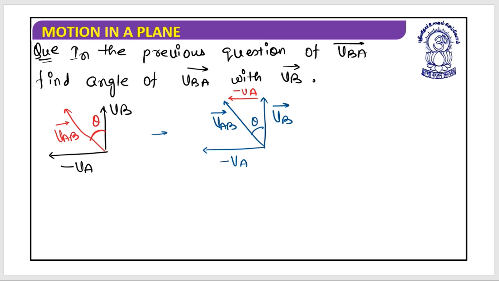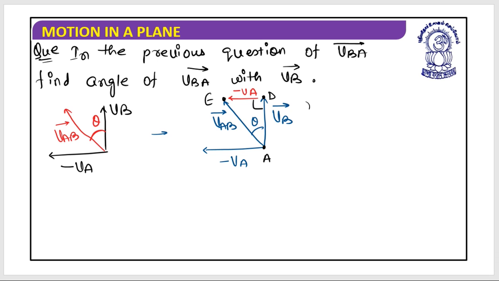If I observe this diagram very carefully, or shall I give the names? Okay, let's say this is A, this is D, this is E. If I observe this triangle very carefully, this is 90 degrees.